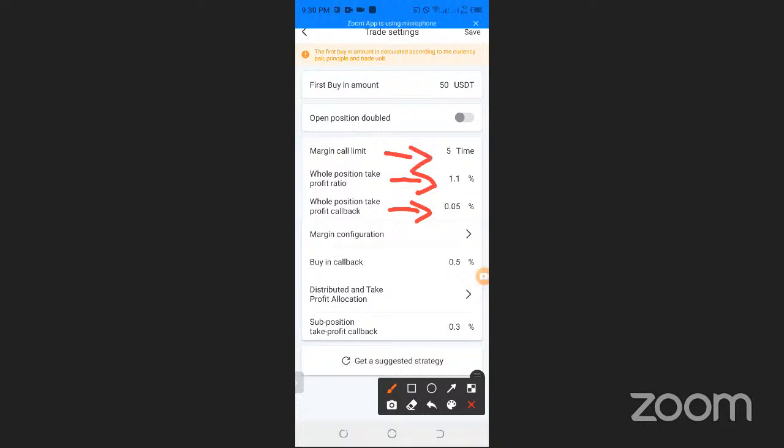And here, this buy in callback, we don't normally have much business to do in that place. The meaning is, when you are buying the coin yourself, when you say buy in callback, you set the parameters, you set the price so that when the market comes low to maybe 1.1 or 2.2 or 5%, the robot buys the coin at that time.